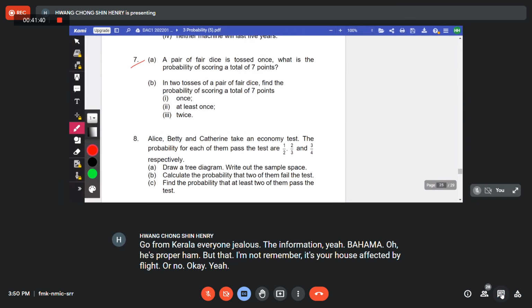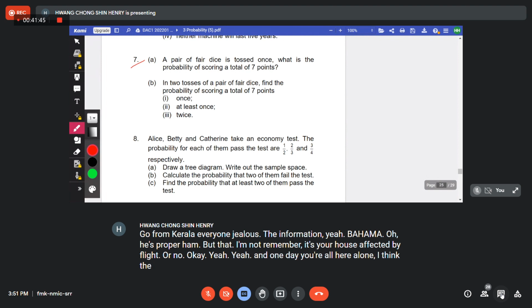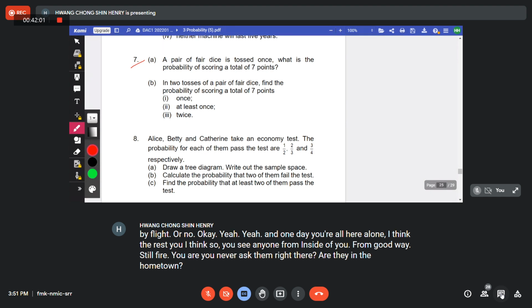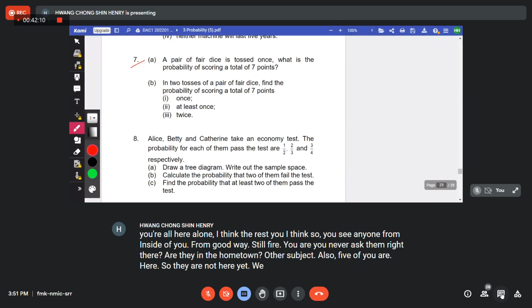KL, KL also. No wonder you're all here, I think the rest are still at hometown. Do you see anyone besides the 5 of you from group A? Still 5 of you. You never ask them where they are? Are they in the hometown? Other subject also 5 of you. Really, so they are not here yet. We see how next week.